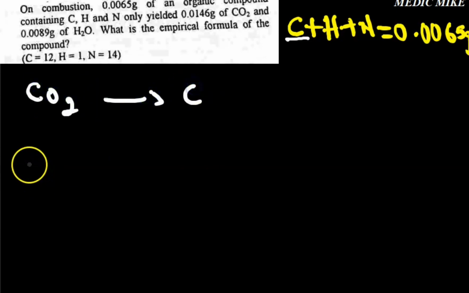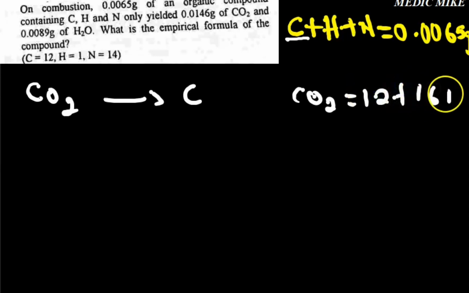Now, how do we get the mass of carbon? First of all, we'll be looking for the mass of carbon. To get the mass of carbon, we have to compare the mass of carbon to the mass of CO2. By simple comparison, what we are going to be doing here is CO2 to carbon. Now, what's the molar mass of CO2? Molar mass of CO2, just quickly, is 12 plus 16 plus 16, which is equal to 44, while the molar mass of carbon is 12.